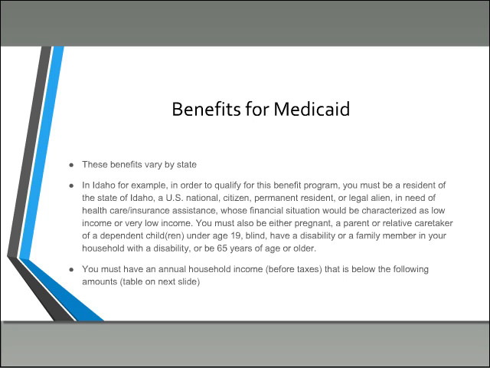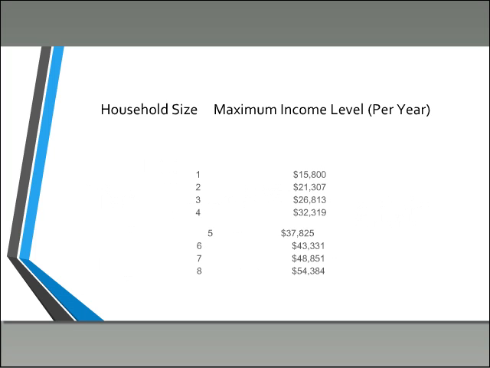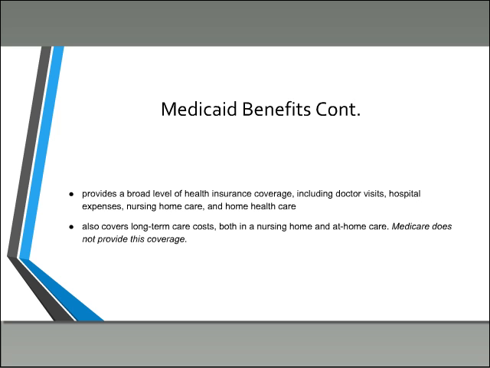It also depends on how much income you make. The next slide is an example of the incomes before taxes that would qualify you to get Medicaid. That's just for reference. And then you can keep going.